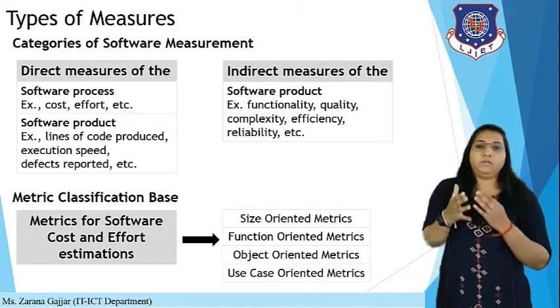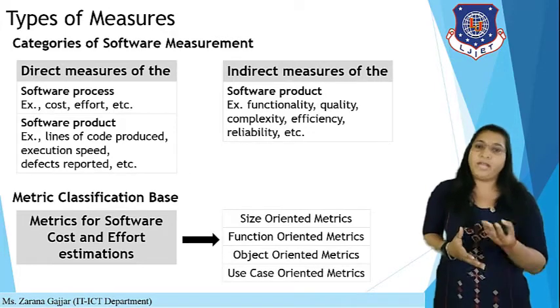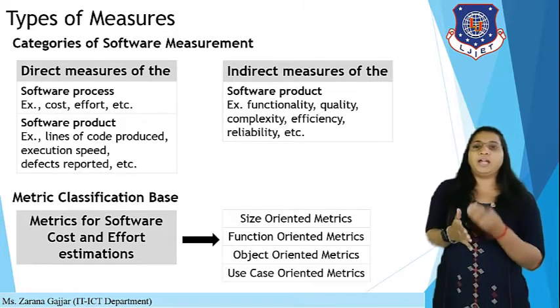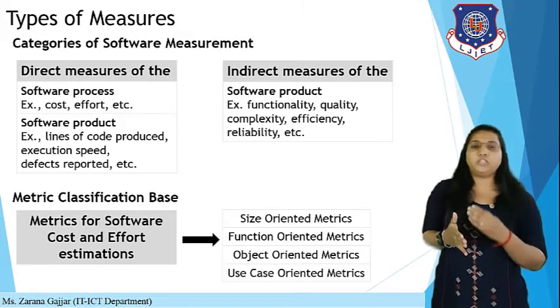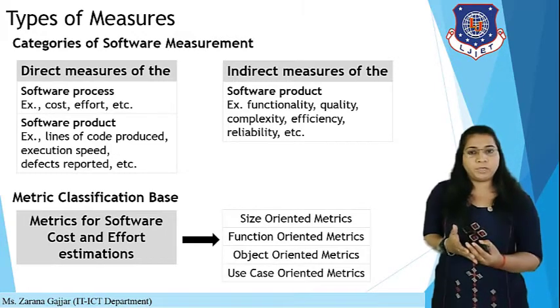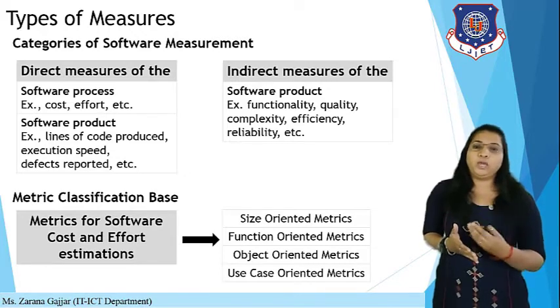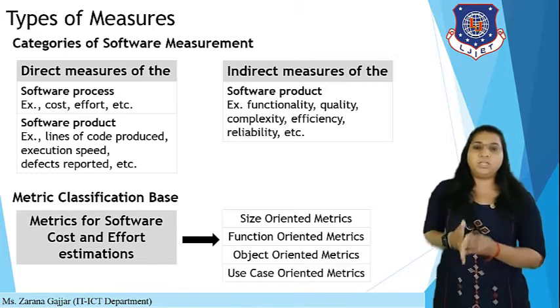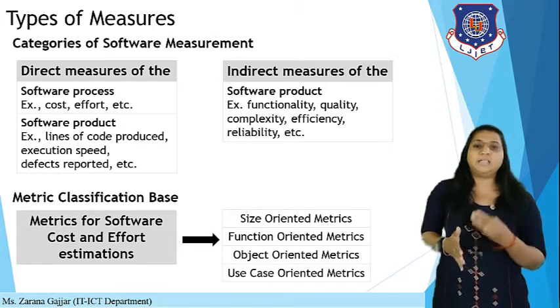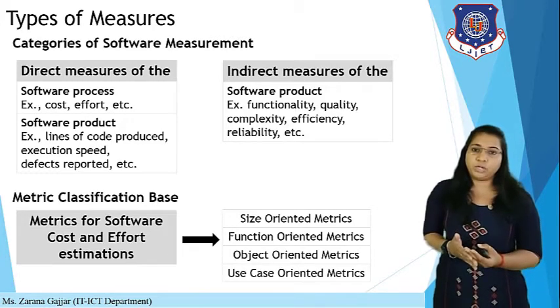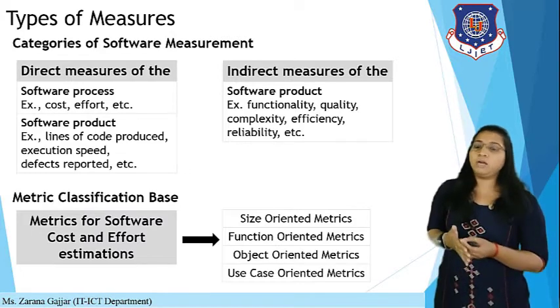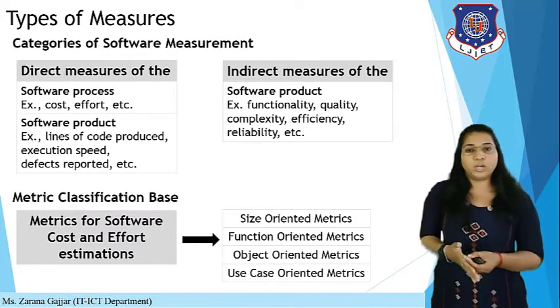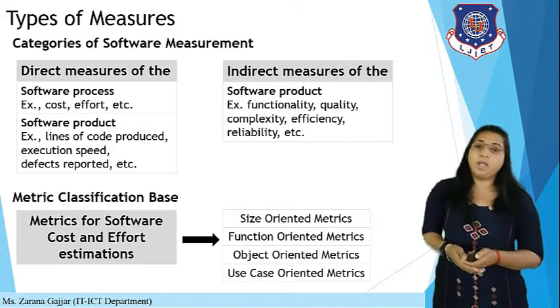Now, metrics for software cost and effort estimation: you can calculate the cost of a particular product and also the effort, using various metrics like size oriented metrics, function oriented metrics, object oriented metrics and use case metrics. In today's lecture we will study size oriented metrics and function oriented metrics.